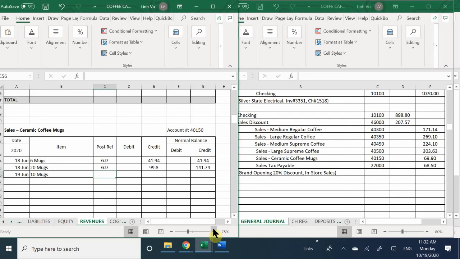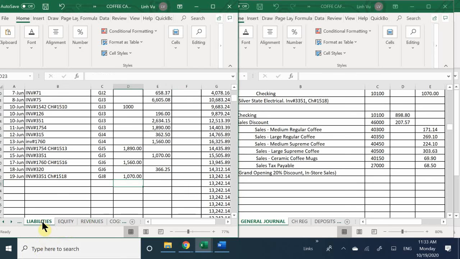All right, and this is general journal number 8. And how much did it cost me to sell 10 of those coffee mugs? $69.90. $69.90. Bringing my total to be $211.64. Last but not least, we need to update our sales tax payable.